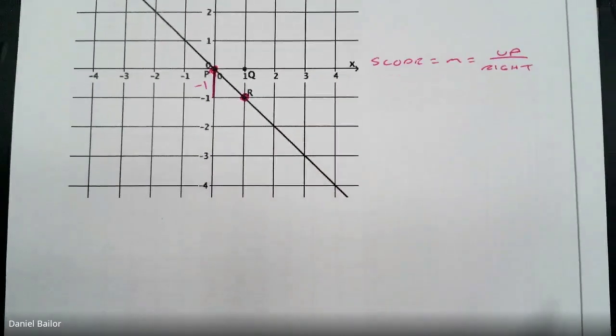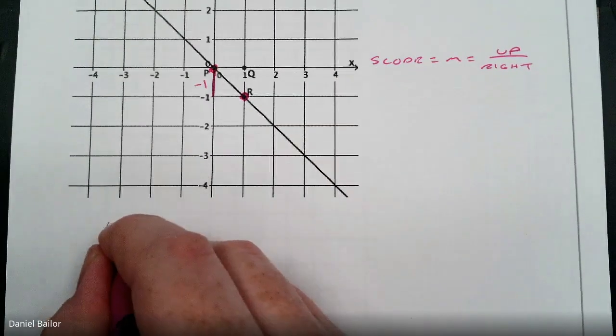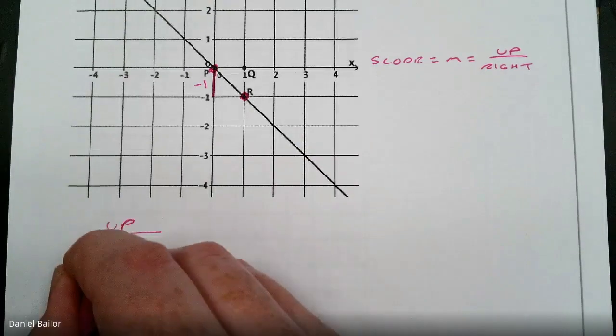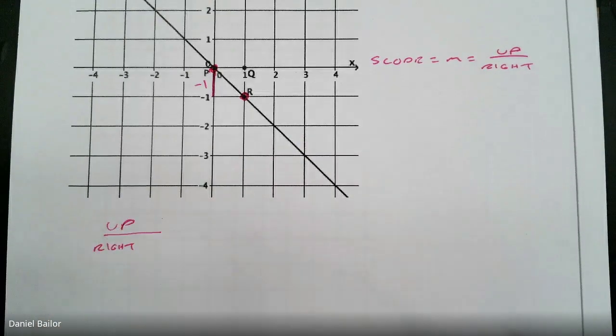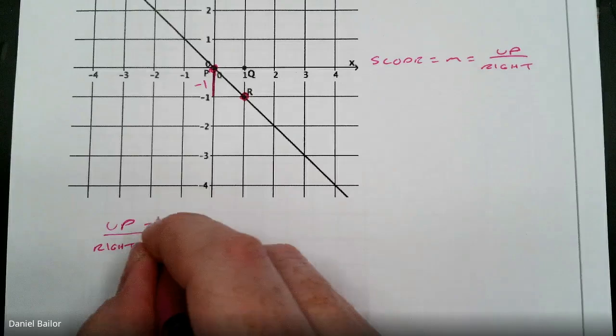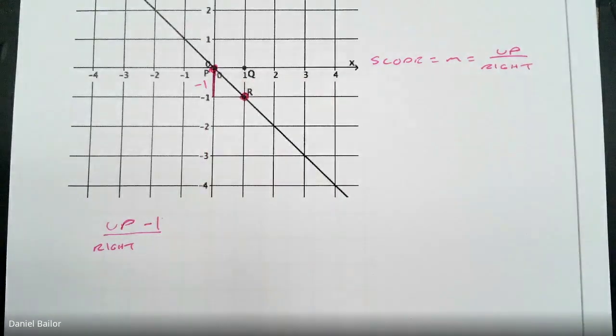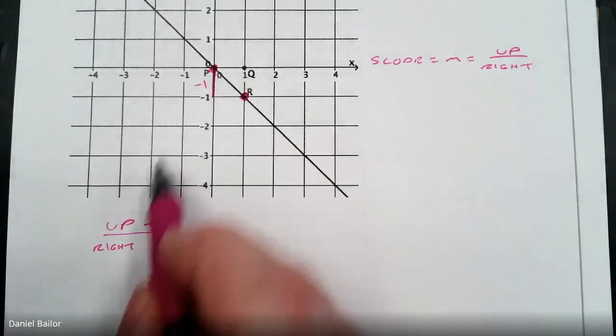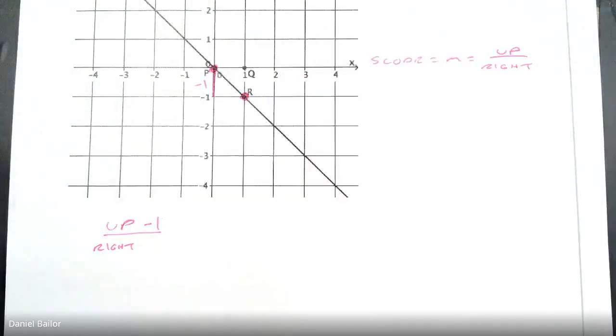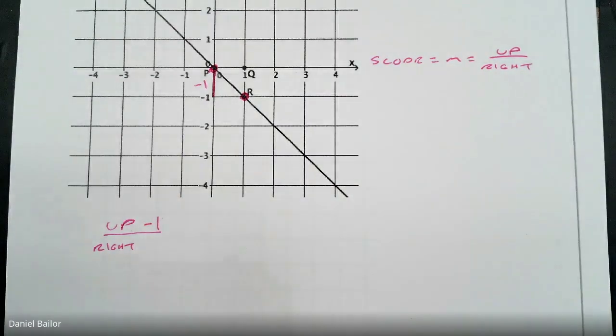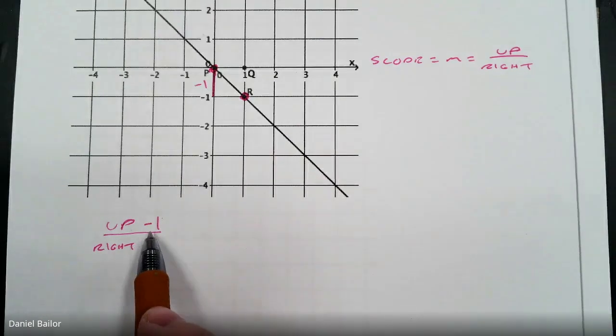So we went down, it's up and it's right, but it's up -1 because we really went down. That is the trick for finding slope today. So when you go down, just change it to a negative.